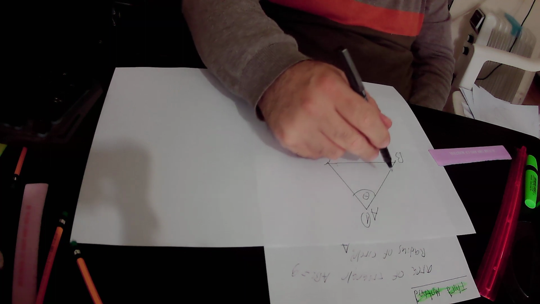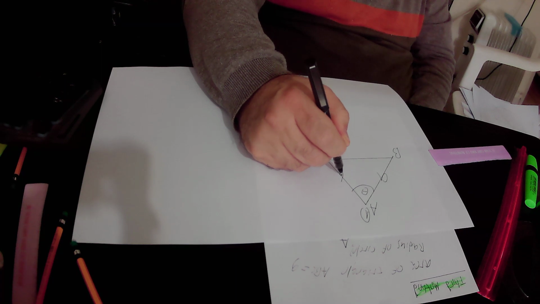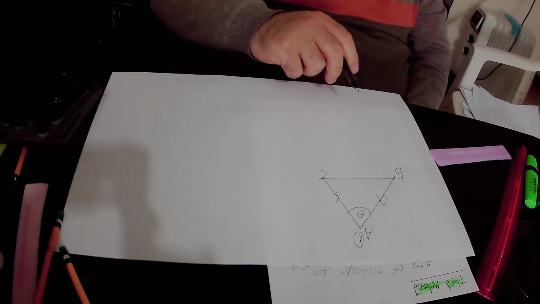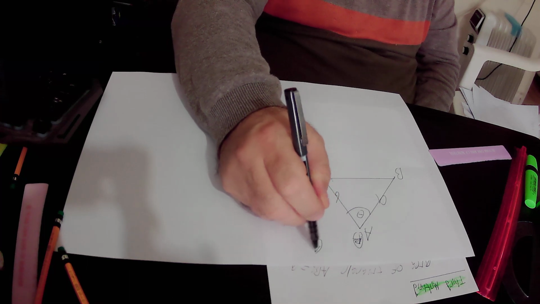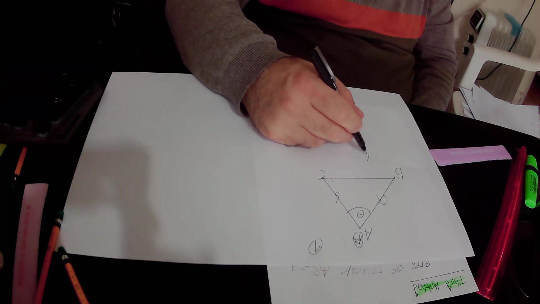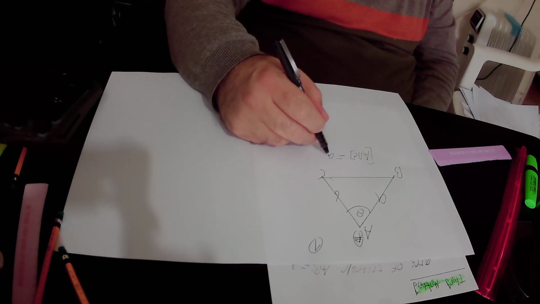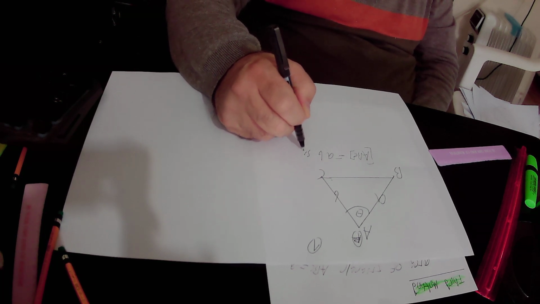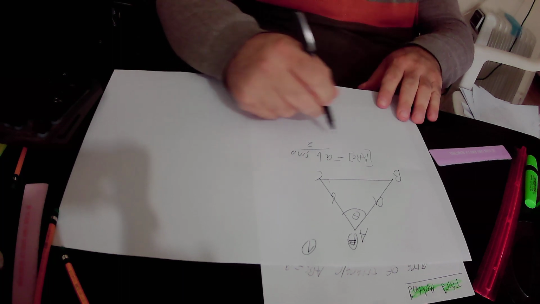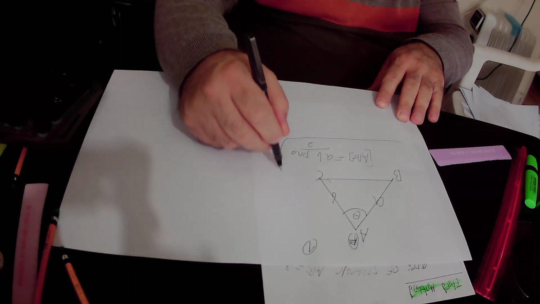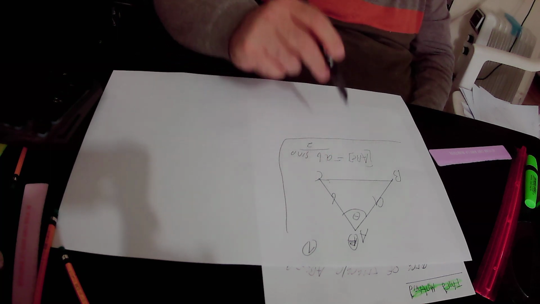The length of side AB is A units. The length of side AC is B units. Then, according to the new formula, the area of triangle ABC is equal to A times B times sinus theta over 2. We will use this formula.